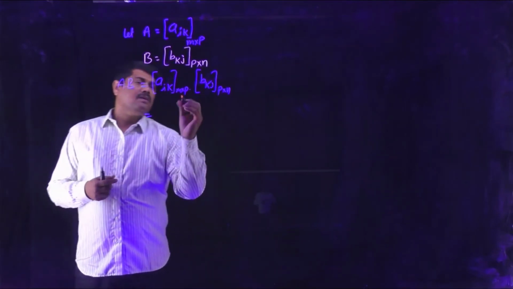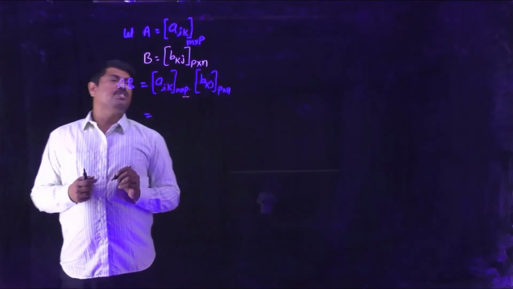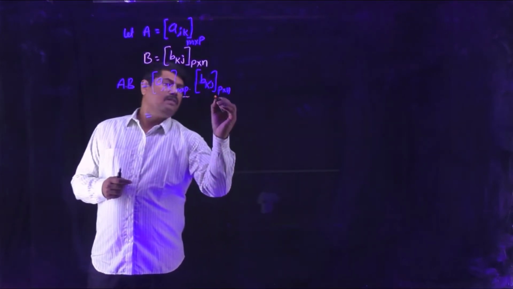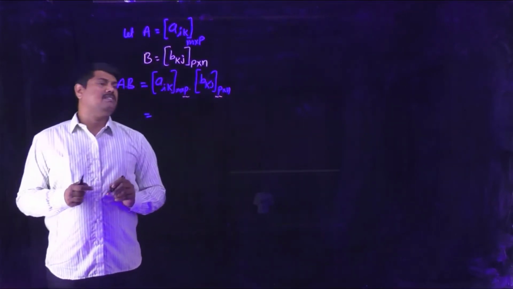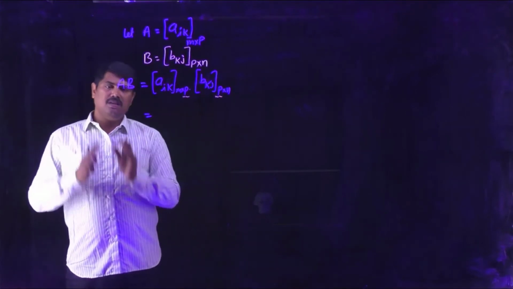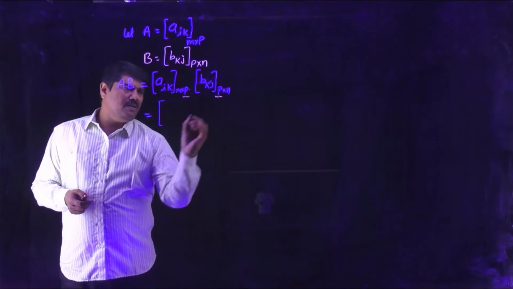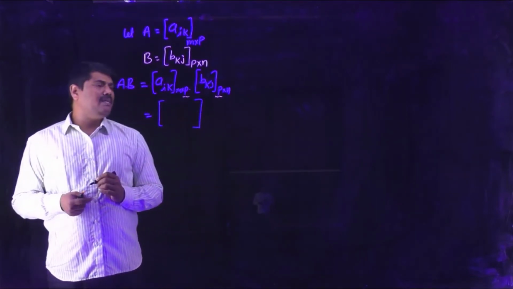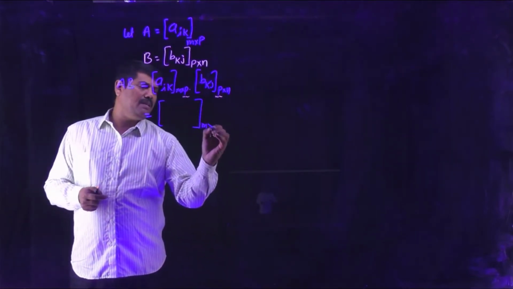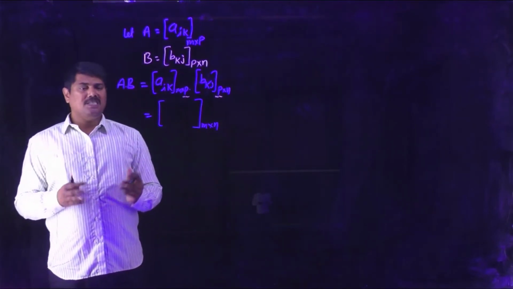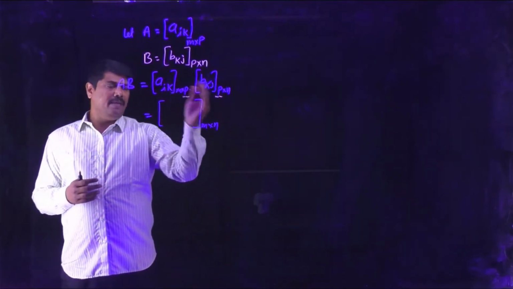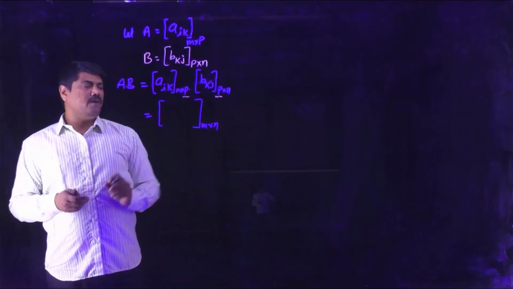Here columns in the first matrix is P and the rows of the second matrix is P, so that both are equal. So AB is defined, and we observe the obtained matrix is of order M by N. As per the concept we already discussed, AB is possible and it is of order M by N.